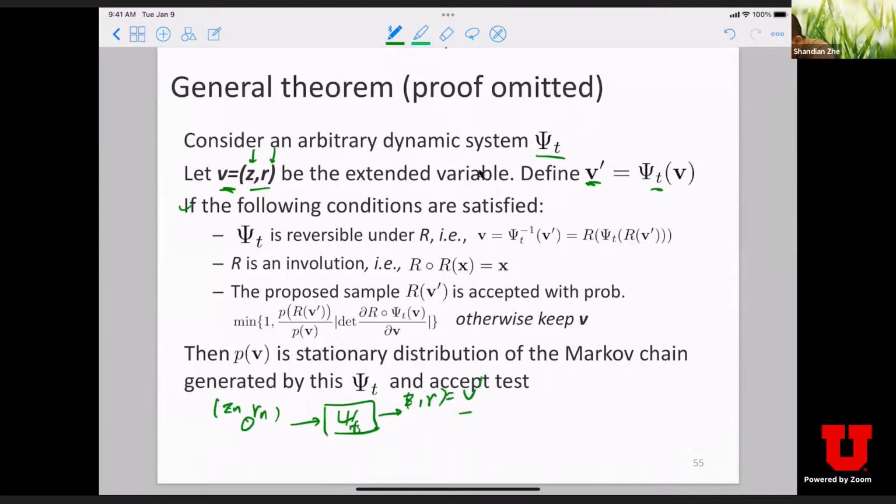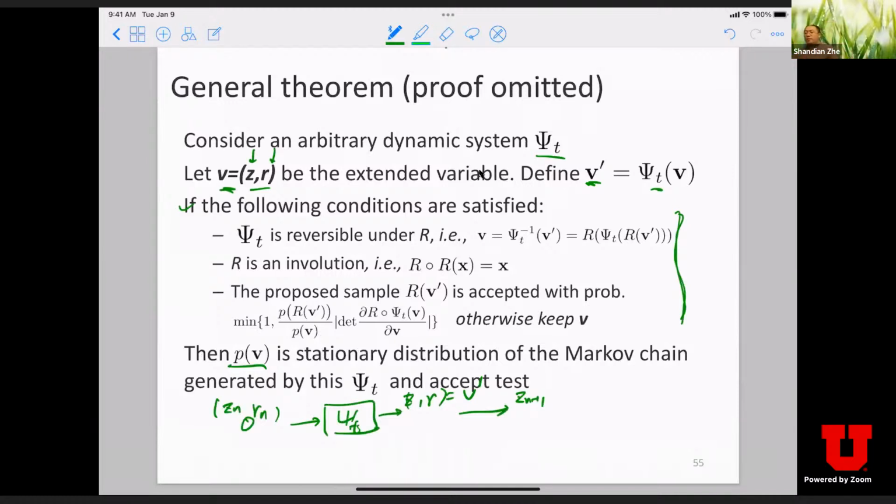Then I apply some test, and I get my z_{n+1}. It forms one step of my Markov chain sampling. If you just keep sampling this, and if this procedure satisfies these conditions, then we claim that P of v is a stationary distribution of the Markov chain constructed. Does it make sense? Does this framework sound comfortable to everyone?